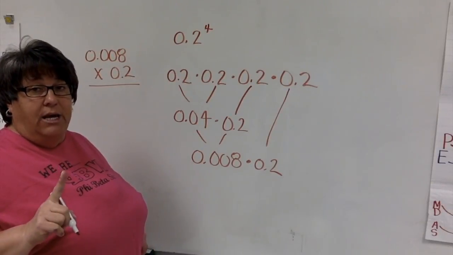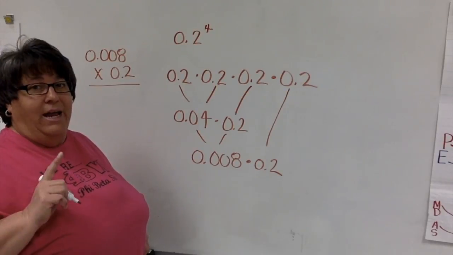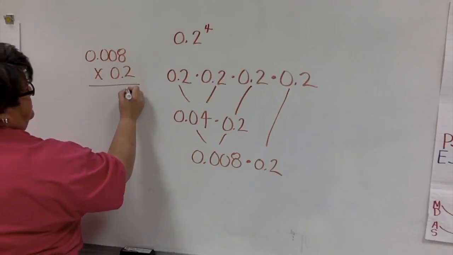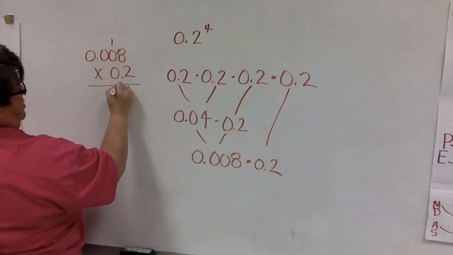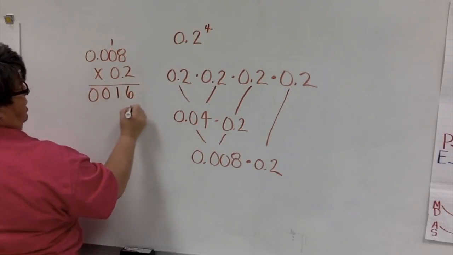I only have to line up decimals when I'm, that's right, adding and subtracting. 2 times 8 is 16, carry the 1. 2 times 0 is 0, plus 1 is 1. 2 times 0 is 0, 2 times 0 is 0.